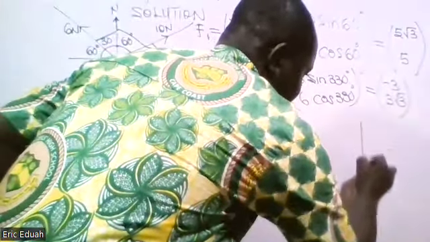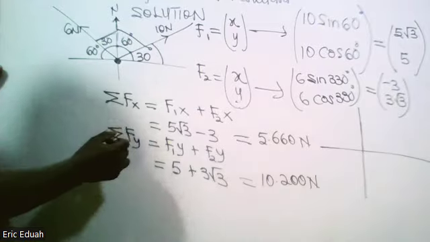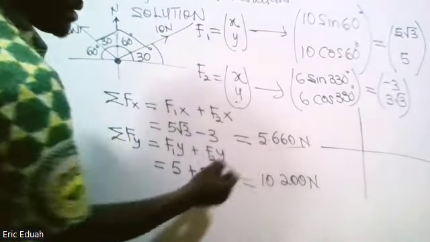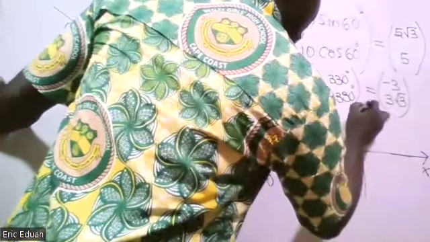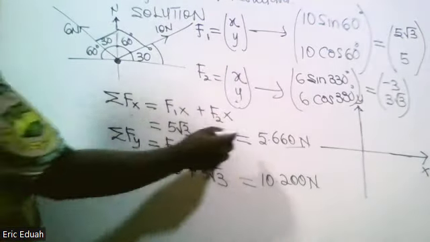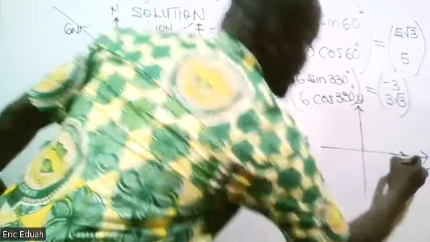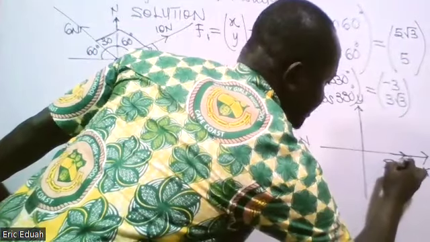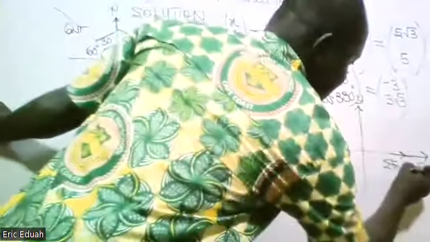Draw whatever you've had on the Cartesian plane, x, y axis. Look at what you had for summation x. This is the x axis. This is the y axis. Summation x is positive, meaning it will be along the positive x. So this is summation Fx, which is 5.66.